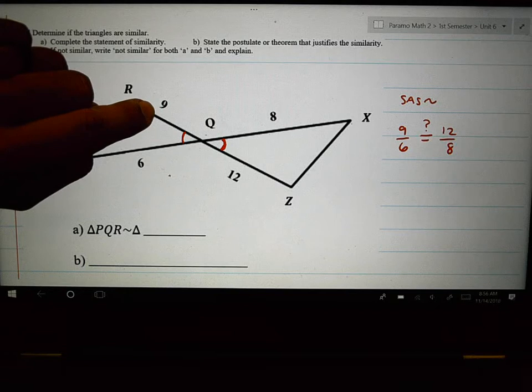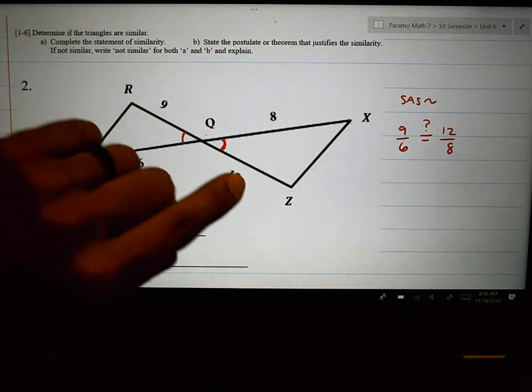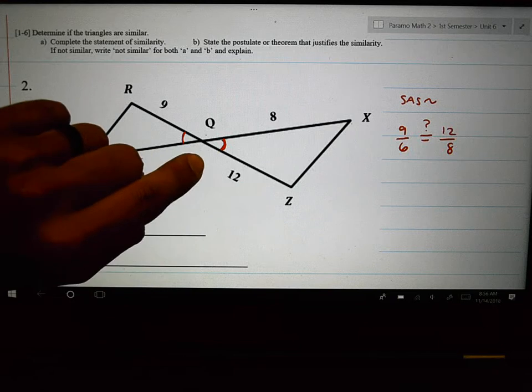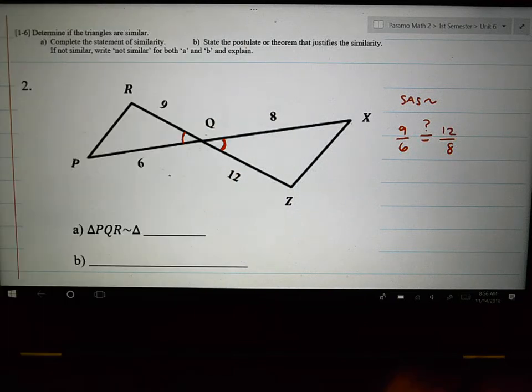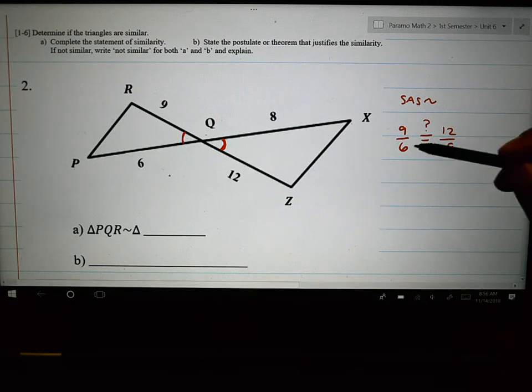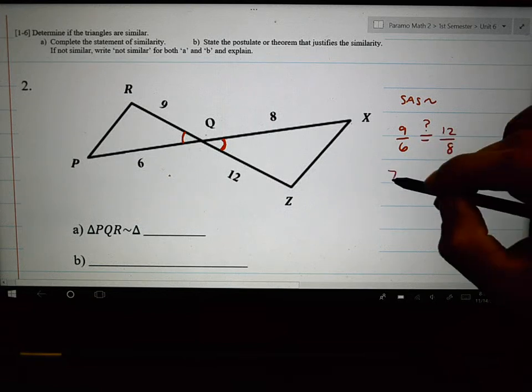Longer side over shorter side. Is that equal to longer side over shorter side? I'm using one triangle and the other triangle, and I don't know. How can we check? You can reduce it, or you can check by multiplying. 8 times 9 is 72.